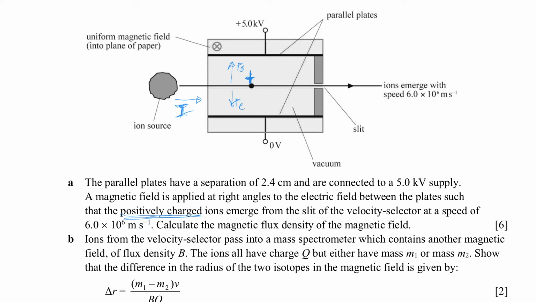Here, calculate the magnetic flux density of the magnetic field. You have your electric field because you have the distance and the voltage here. I think we can answer that one, and it is 6 marks.